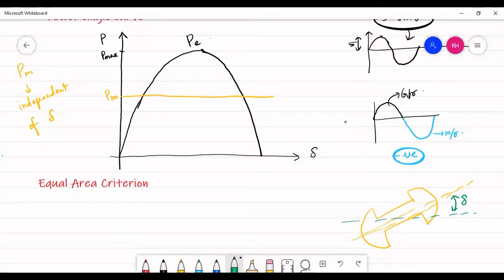The stator's magnetic field is rotating at synchronous speed, and the rotor's magnetic field is rotating with the speed of the rotor. Between the stator magnetic field and rotor magnetic field, I always have a constant angle delta, or you could also call it delta naught. So where do I have the delta naught along this x-axis? That might be a question in most of us.